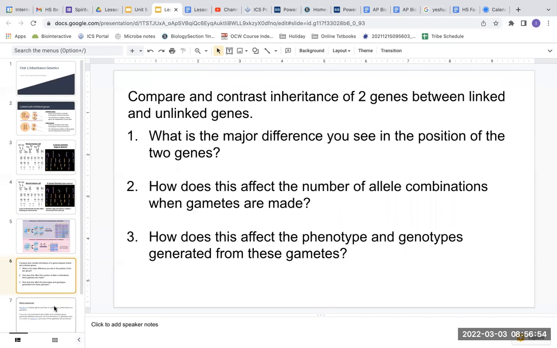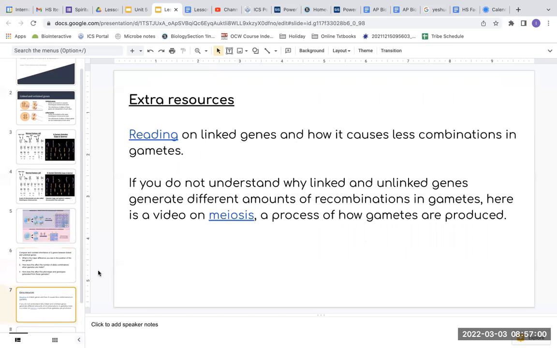Assuming that you have already completed or attempted to answer that, there we go, extra resources. I've provided two links for you. One of them is a reading, a website on linked genes and how it produces fewer combinations in gametes.